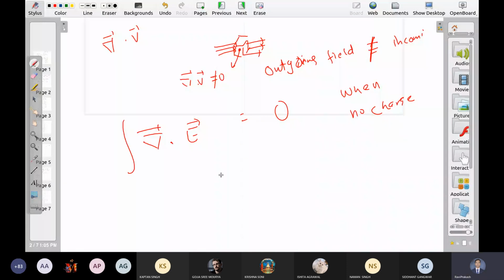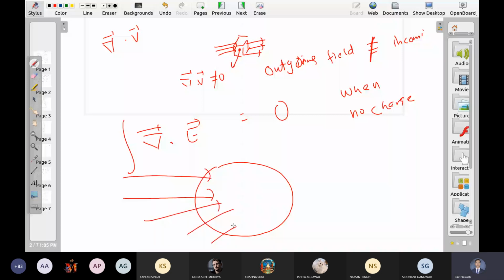It does not mean that there is no electric field. Whatever is the flux going into this sphere or whatever surface, same flux is going out from this sphere. So incoming is equal to outgoing. It does not mean that E has to be 0. E can still be non-zero. Any other doubt? No, sir. Only this, sir. Thank you, sir.